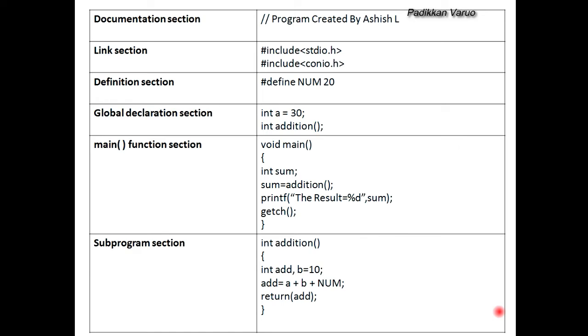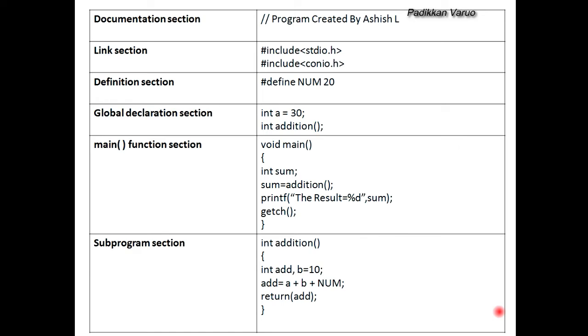The next section is the subprogram section. I have created a user defined function named addition. I have defined that function, with the activities taking place inside it, in the subprogram section. We already discussed that the C program is based on the structured programming concept, so we are dividing larger programs into a lot of submodules.